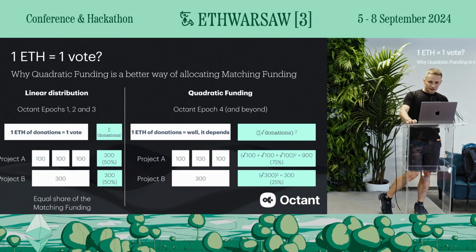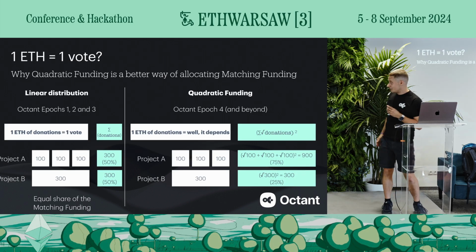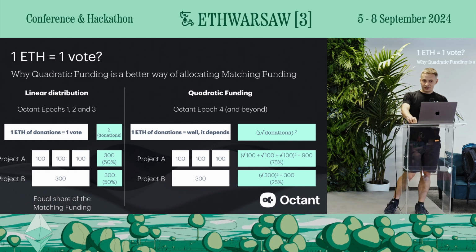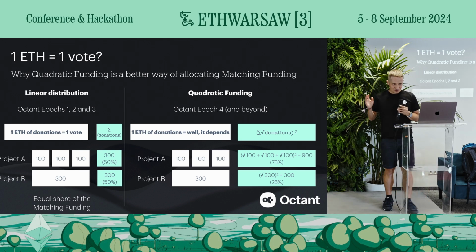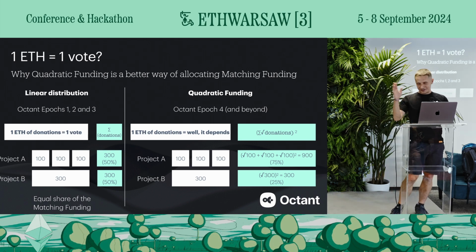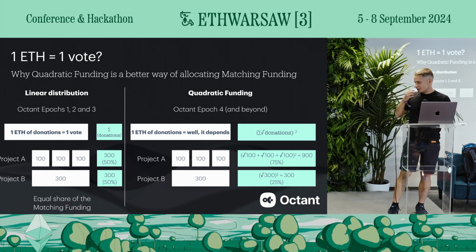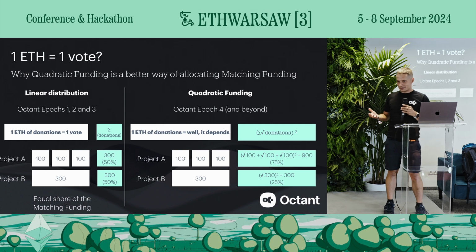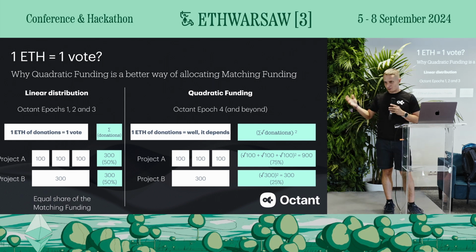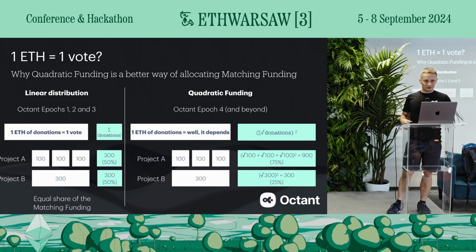So that's why we decided to introduce quadratic funding in Epoch 4. I assume some of you might have heard about it, but here is a very short introduction. In the linear distribution that we used initially, the share of matching funding that a project receives depends just on the total amount of individual donations.